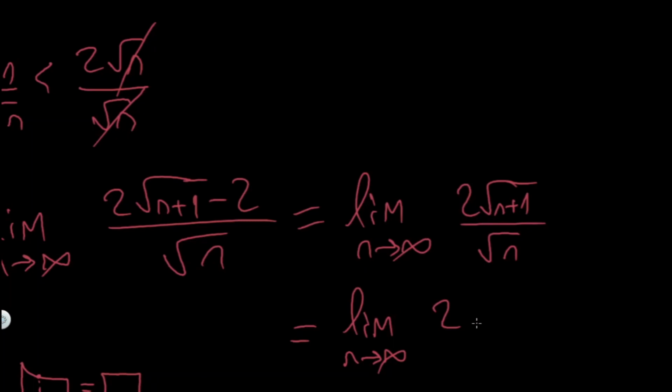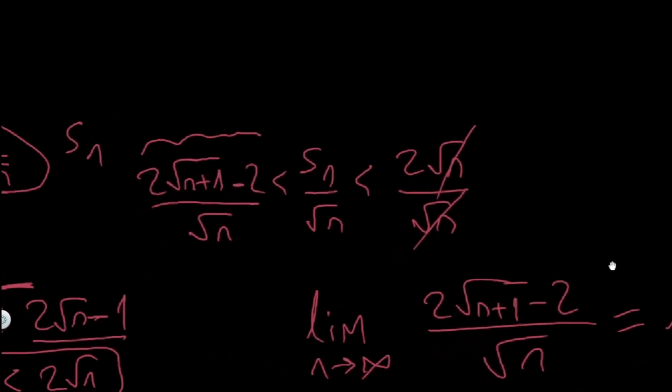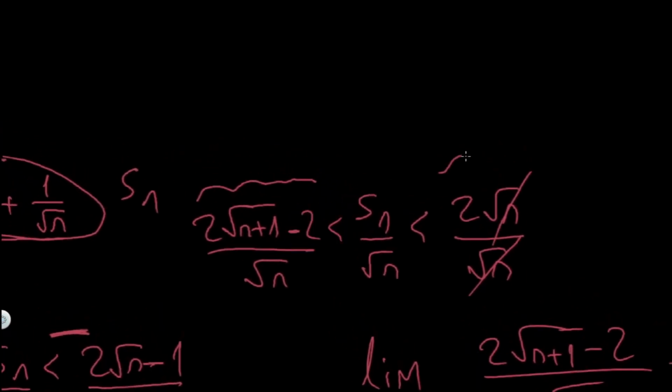So I have 2 times the square root of n plus 1 over n. Square root is continuous, so as n goes to infinity, this limit is going to go inside. The inside of the square root goes to 1, so it's going to be 2 times square root of 1, which is equal to 2. So let's go back up. I found that the right side is literally just 2, so of course it's going to converge to 2 as n goes to infinity.